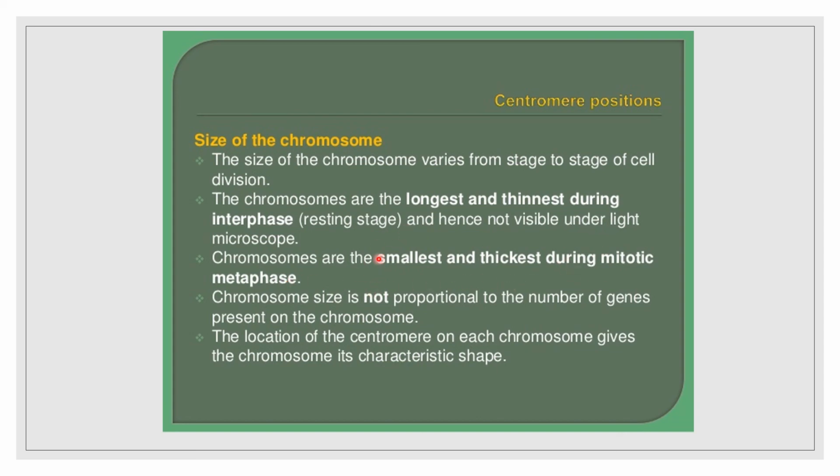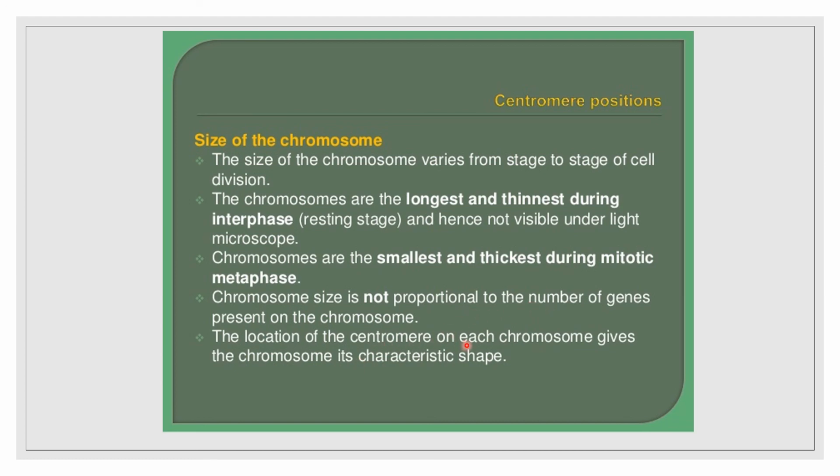That means we can compare two stages: interphase and metaphase. In interphase, the chromosomes are longest and thinnest, and in metaphase, the chromosomes are more condensed. So the size of the chromosome varies from one stage to the other of cell division. And the chromosome size is not directly proportional to the number of genes present in that particular chromosome.